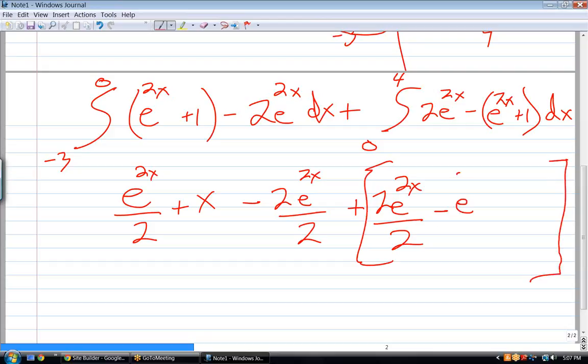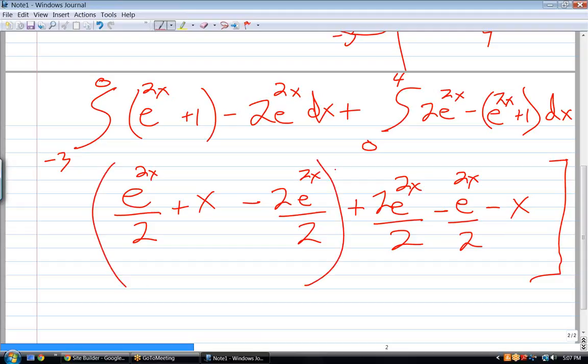Minus e to the 2x divided by 2 plus x. So if I remove the brackets, makes this a negative and makes this a negative. And we want to evaluate that. Let's see, I screwed up here already. I think I can do this. I need to evaluate that from -3 to 0. And we're adding, okay, I think I got this right. We're going to evaluate this from 0 to 4.